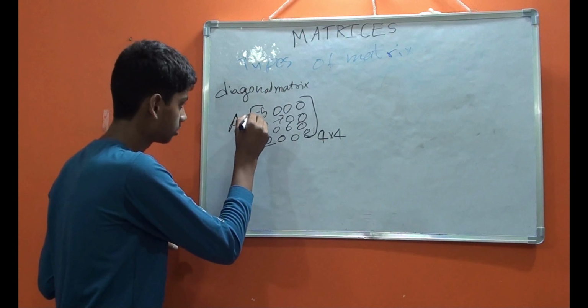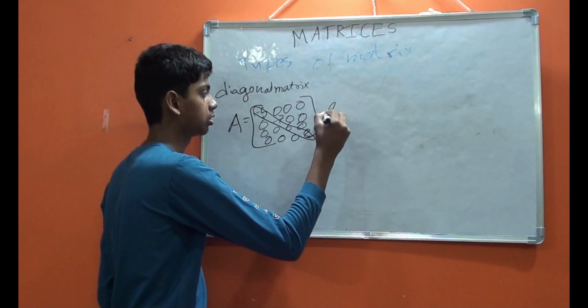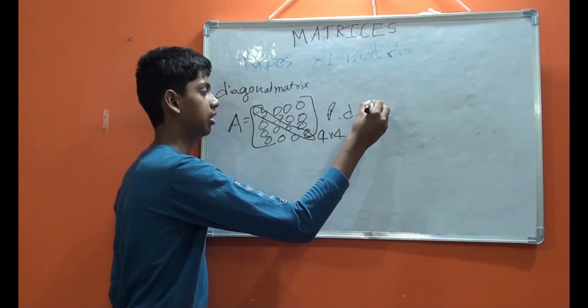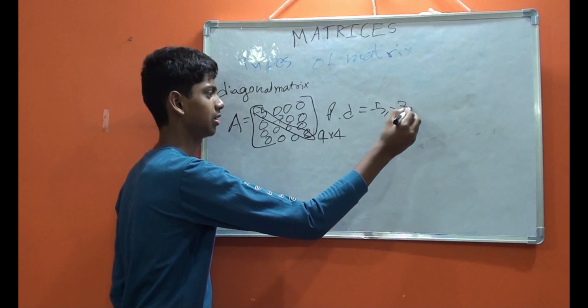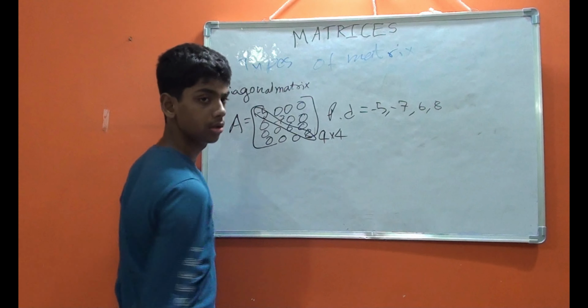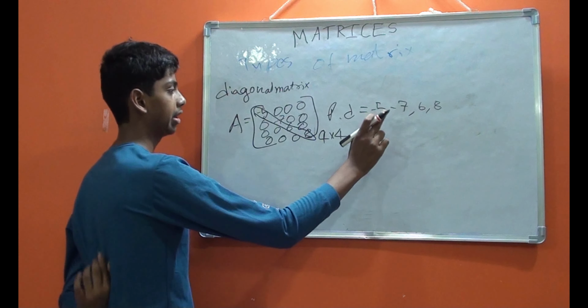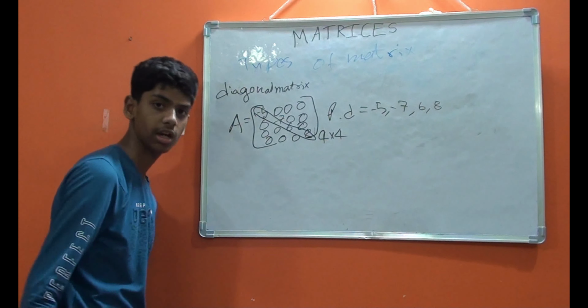And its principal diagonal equals -5, -7, 6, 8. So its principal diagonal consists of -5, -7, 6 and 8.